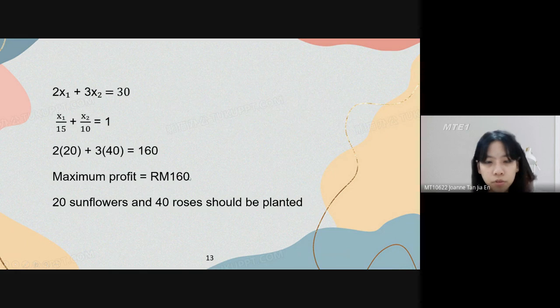So our maximum profit found is 160 ringgit. So at the end, the answer is 20 sunflowers and 40 roses to be planted. And the maximum profit we found is 160 ringgit. This is the answer to this question.